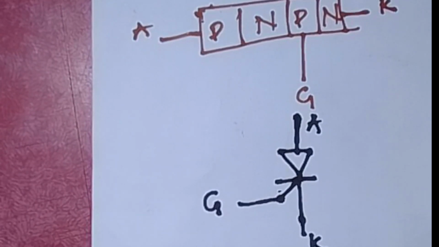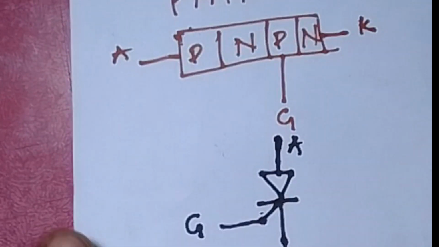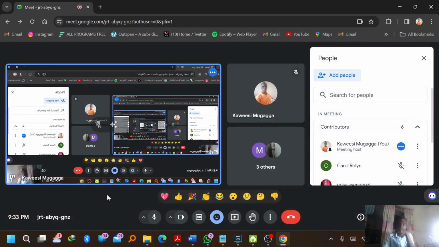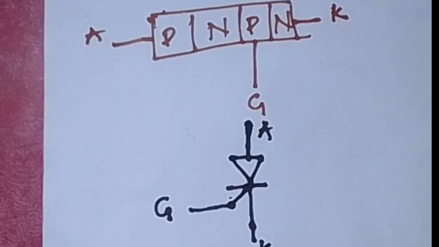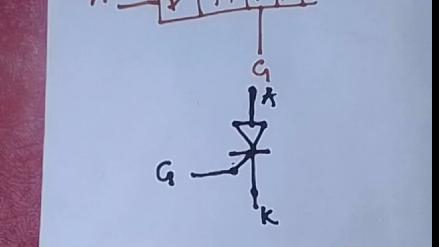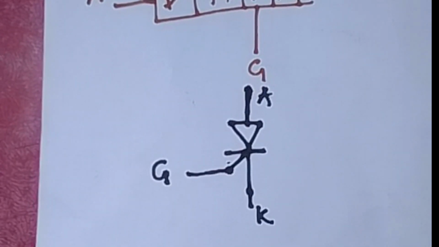Sorry about that. I was just handling something little, but I was talking about this device here called the anode. As you can see here in this diagram, the SCR, I was just trying to draw briefly what an SCR looks like and its circuit symbol.